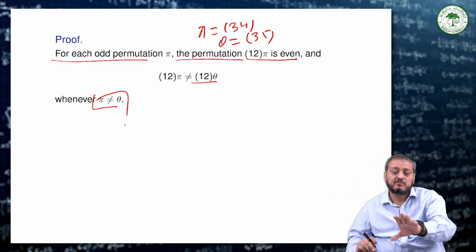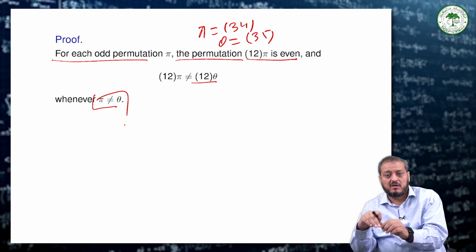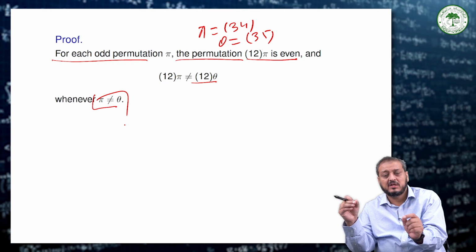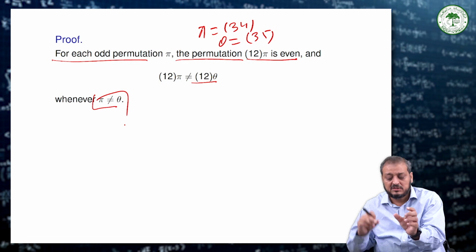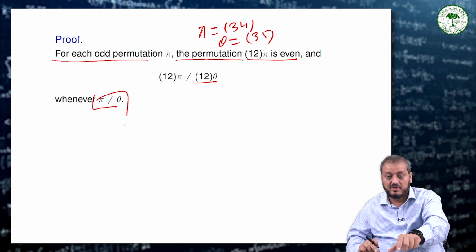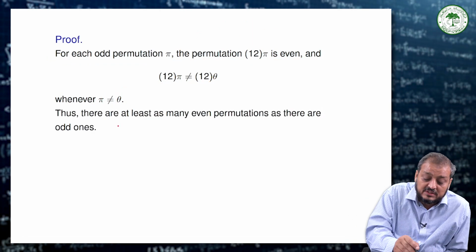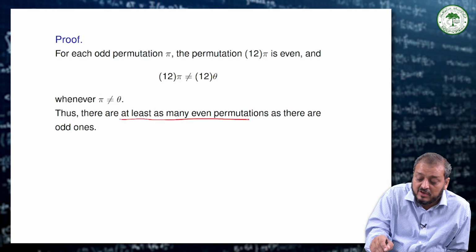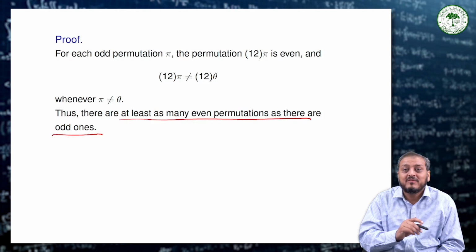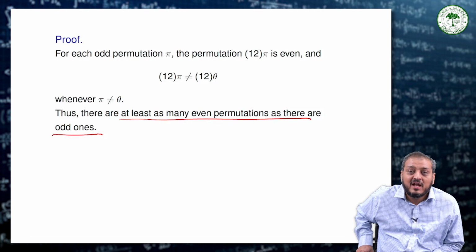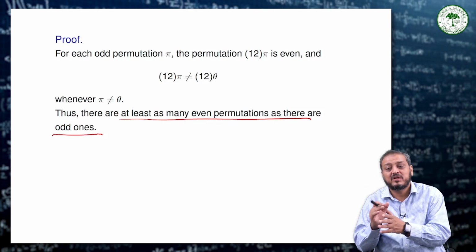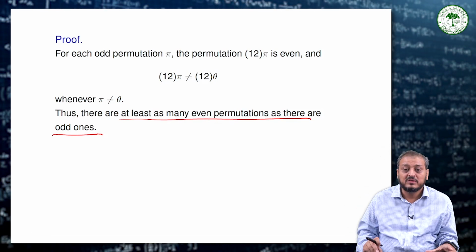Also, if we take two different odd permutations theta and pi, the results are also different. Thus there are at least as many even permutations as there are odd ones.